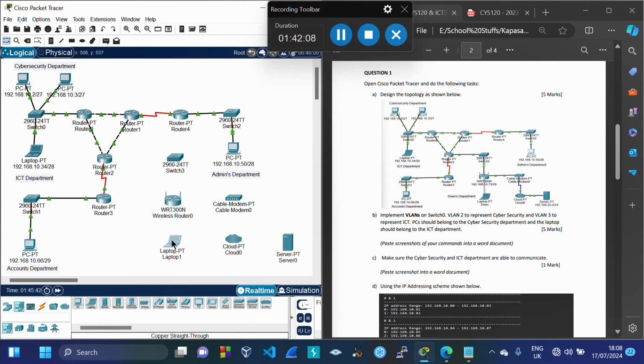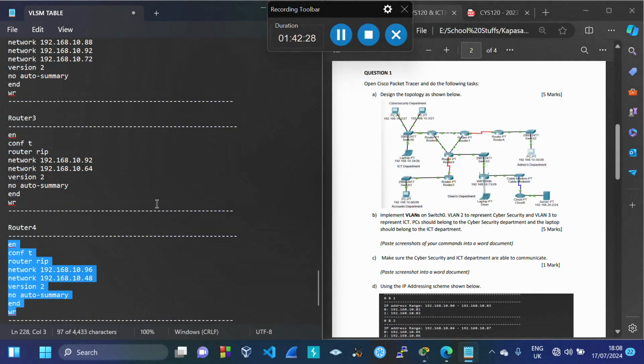I'll put the laptop. So the IP address for the wireless router, remember, is the default gateway, which is 192.168.10.73. Now here they are saying this is a /29. So we need to keep that in mind. We go back to our subnetting.